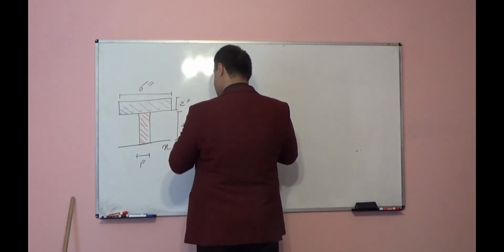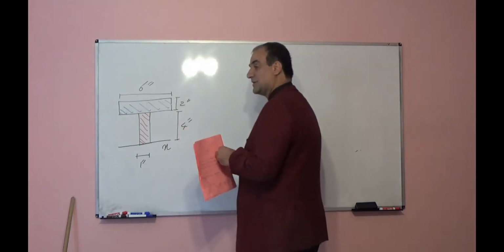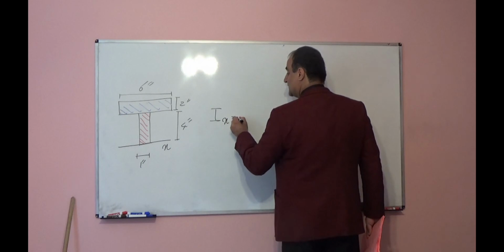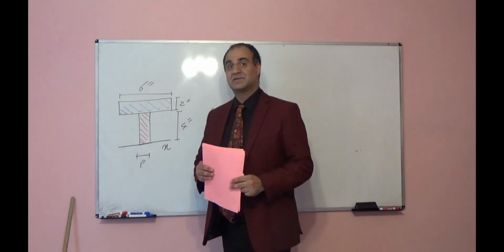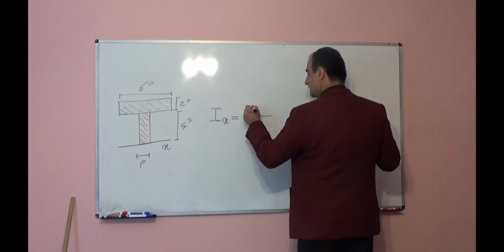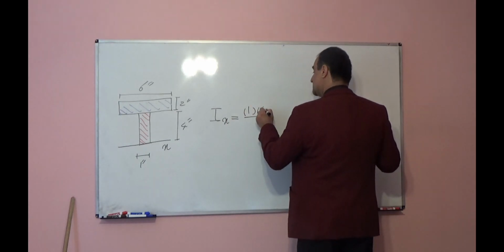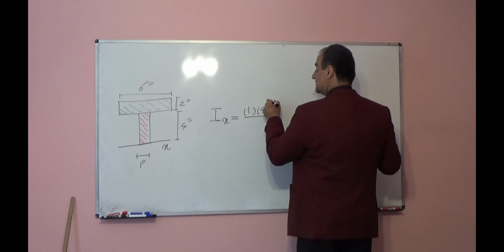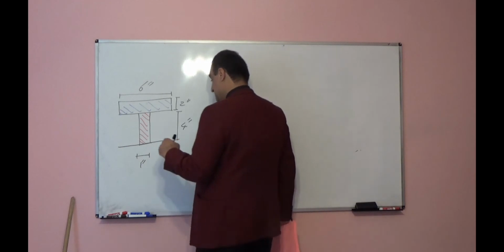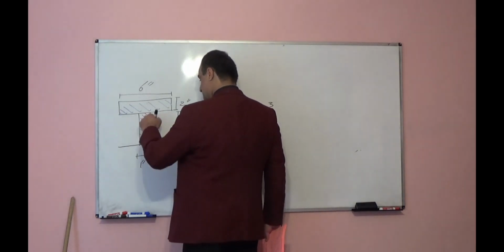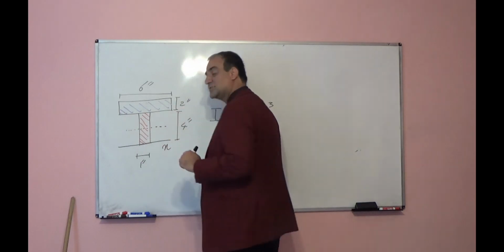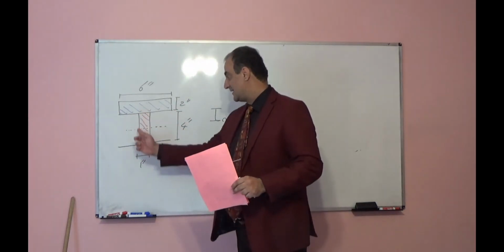Now, for rectangle number 1, Ix with respect to the axis that passes through its centroid will be 1 times 4 cubed over 12. But pay attention: it is 1 times 4 cubed over 12 with respect to the axis that passes through the centroid of this rectangle.